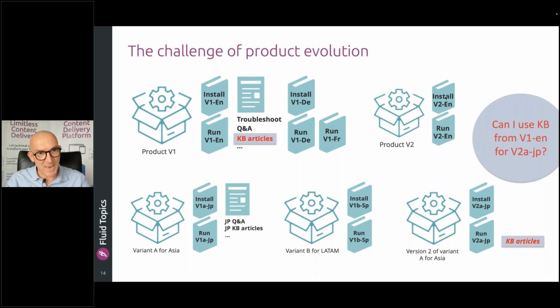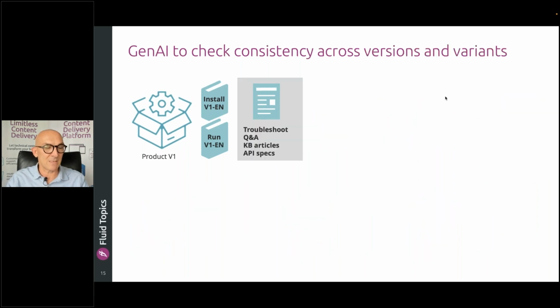With copy paste, you have all this content that pops up everywhere in different silos that usually is derived from the core foundational content that you have written. But the problem is making sure that this ancillary content remains consistent over time, and it's not creating problems by you providing the wrong information to the users.